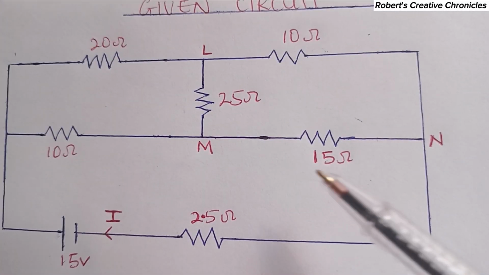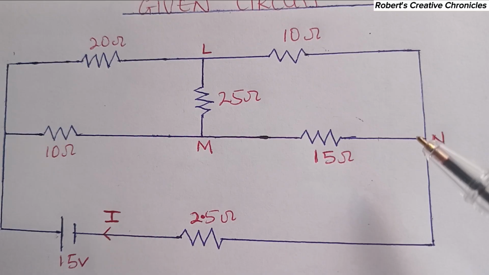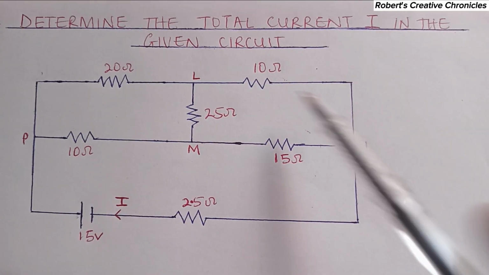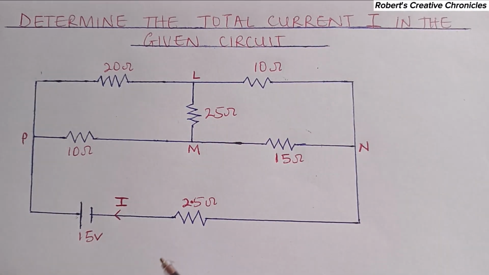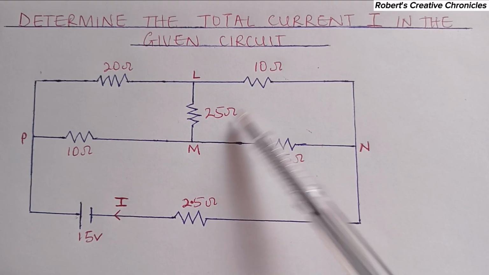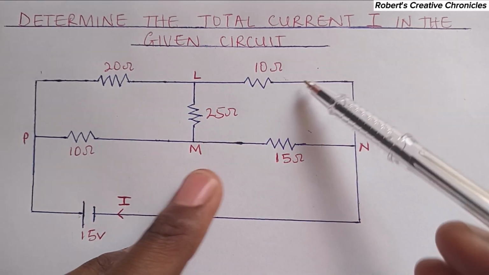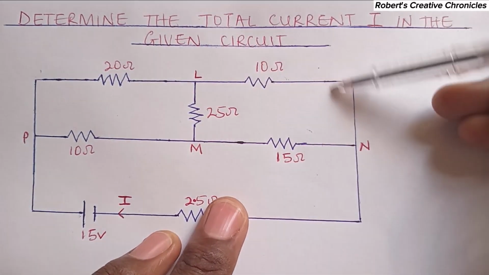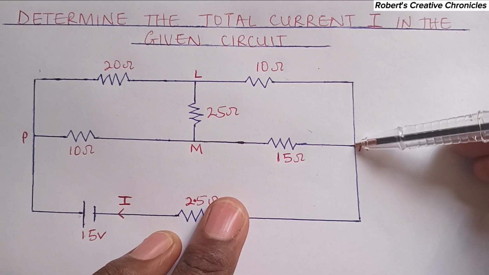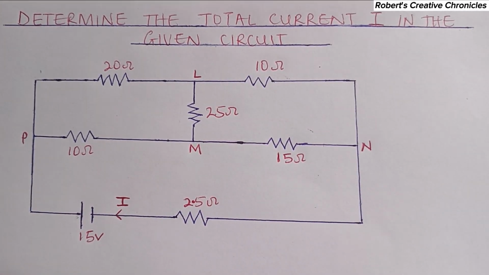So it will be a triangle, it will be a delta network. LMN is a delta network. It has three resistances. And you only need to remove this branch here and join it, fix it here, so that it will become a perfect delta network.